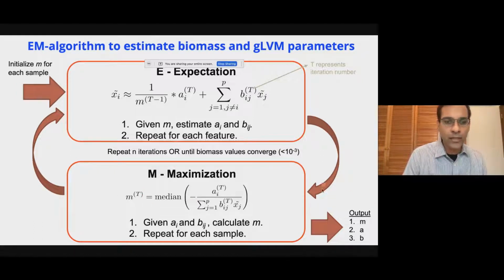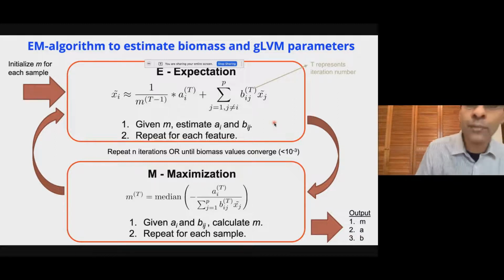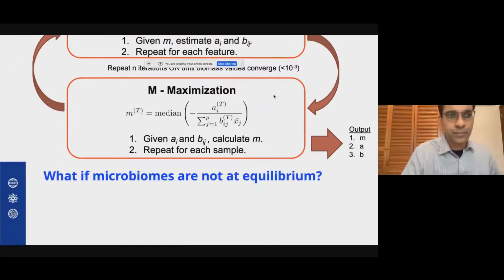And finally, you get the full model. Note that A and B are not exactly the mu and beta_ij's that we had talked about earlier. They are slightly off. They're missing some scaling factors, but they are a good proxy for these original terms.